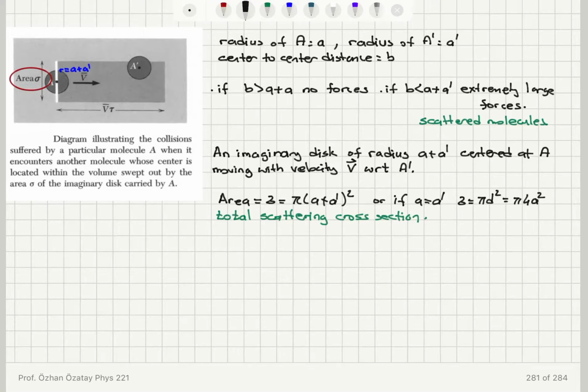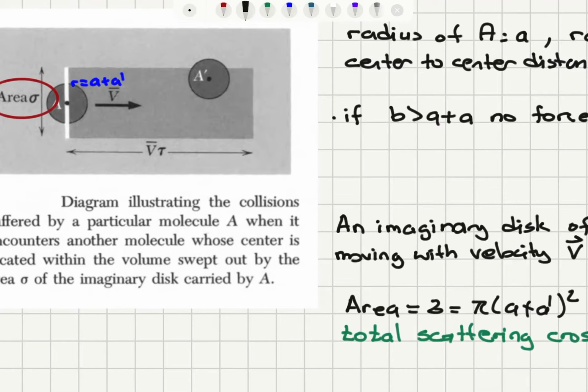Now, if you look at the volume that is being swept out by this imaginary disk, it's going to be equal to capital V bar times tau. That's the mean free time, remember, tau, before successive collisions. So we're going to have the height of a cylinder, which is V bar times tau, and the base area, which will be sigma.